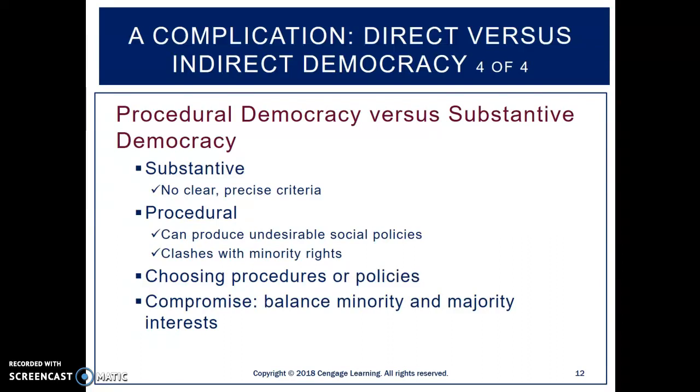You can't just consider minority based on something that's easy. Again, you have to consider all groups, small in number, as those who might be a minority. And so in a procedural democracy, sometimes minority rights can be easily overlooked because you have followed the procedure in place.